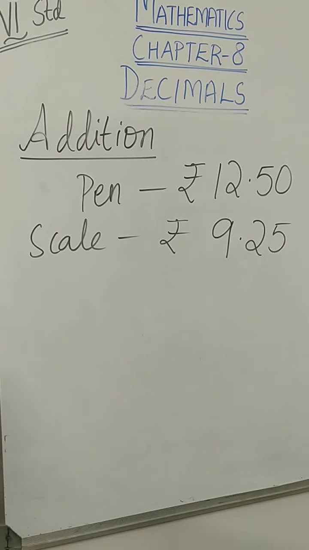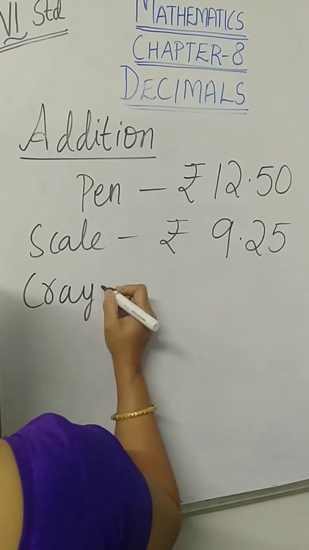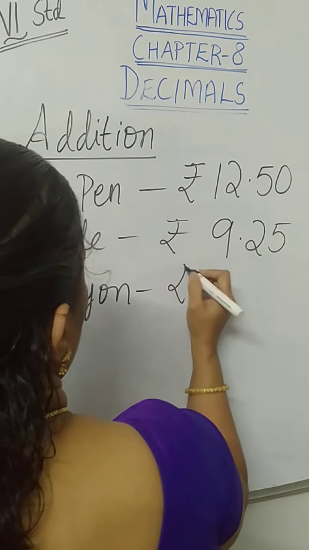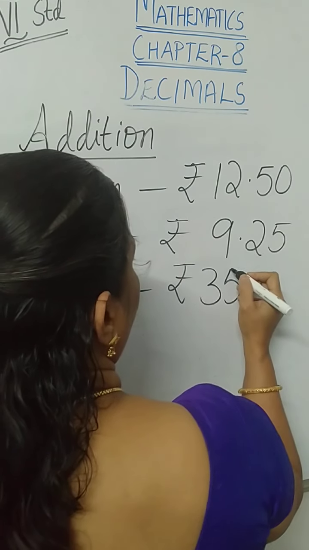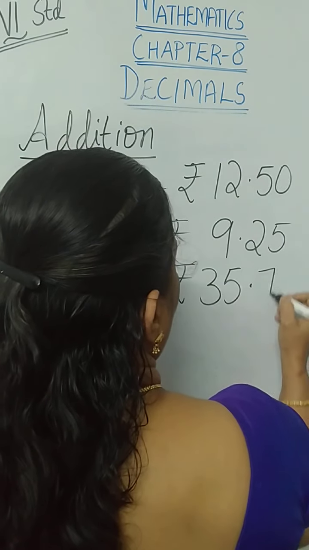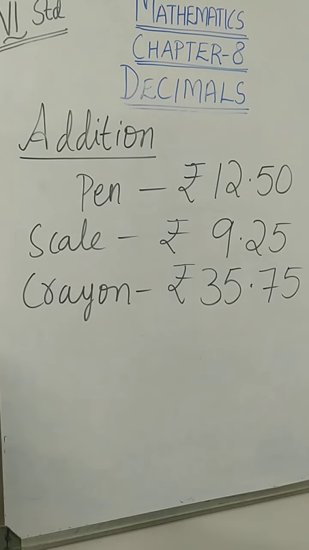And you bought a crayon for rupees 35.75. Yes. Now, what is the total amount you have spent?